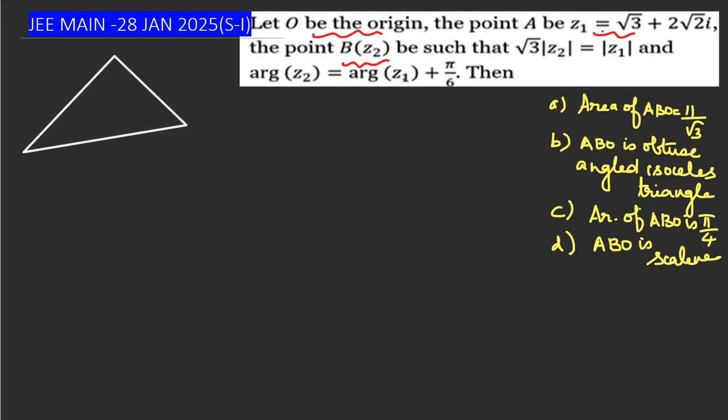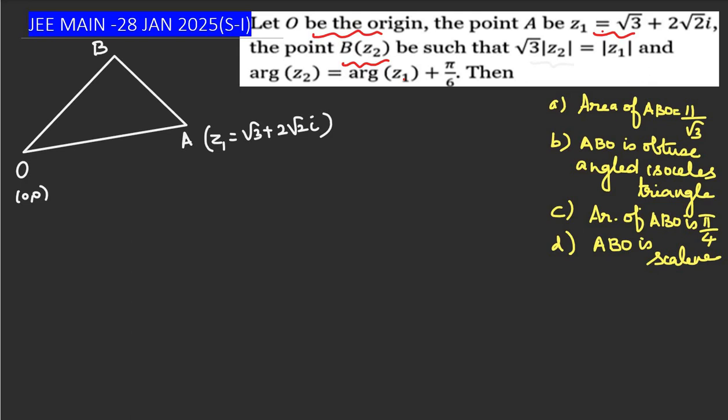According to the question, O is the origin and A is the point Z1, where Z1 is equal to root 3 plus 2 root 2 iota, and the point is such that root 3 times modulus of Z2 is equal to Z1.